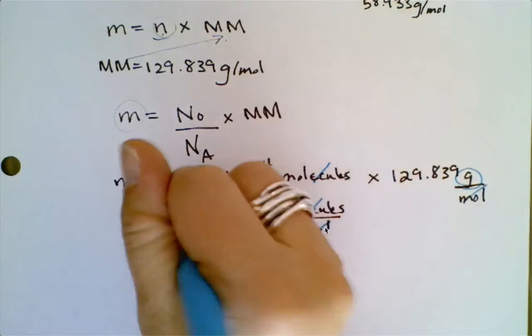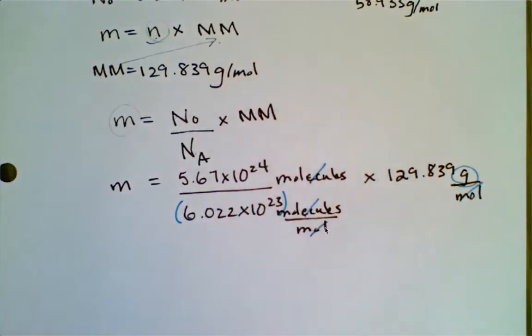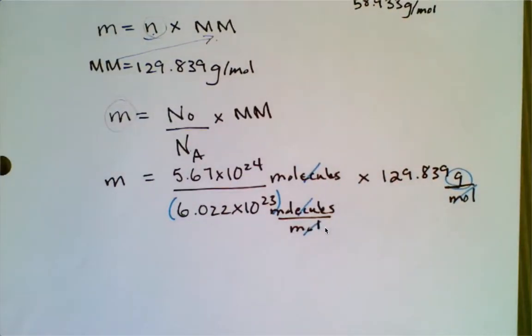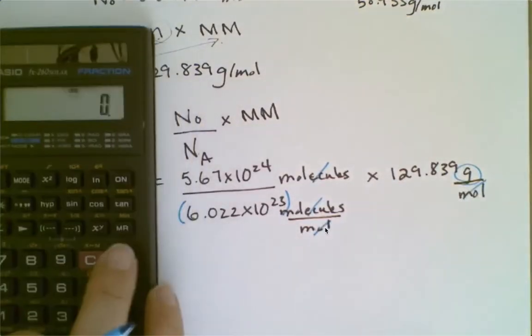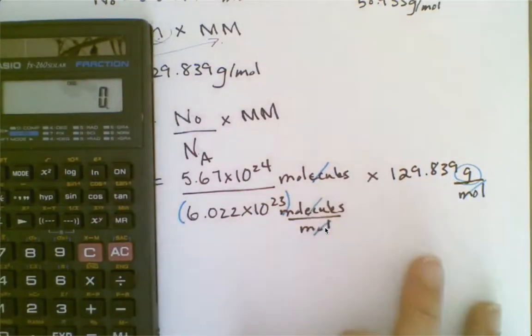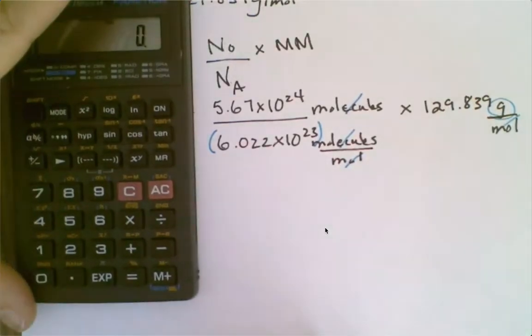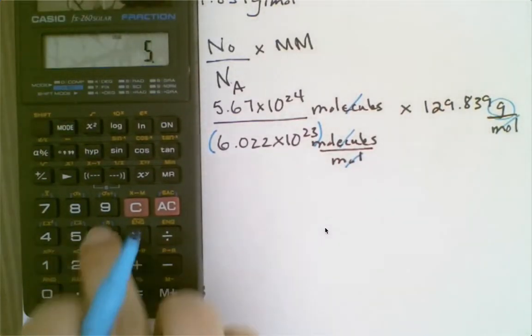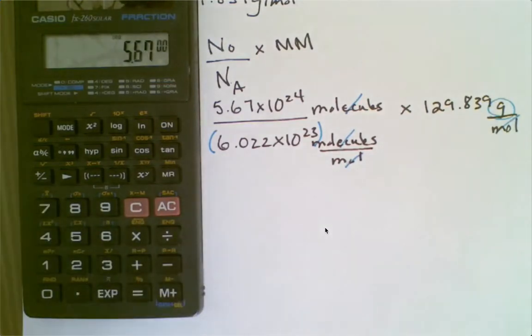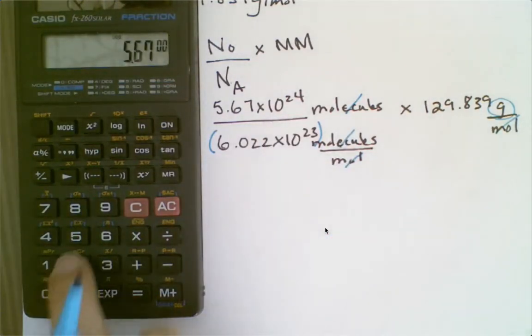How do I enter this in my calculator? Well, for me, I always find that if I divide anything that has an exponent, it's always best to use your bracket keys. This is the calculator that I'm going to be using for now. I enter 5.67 EXP. It already does the times 10 for you, 24.